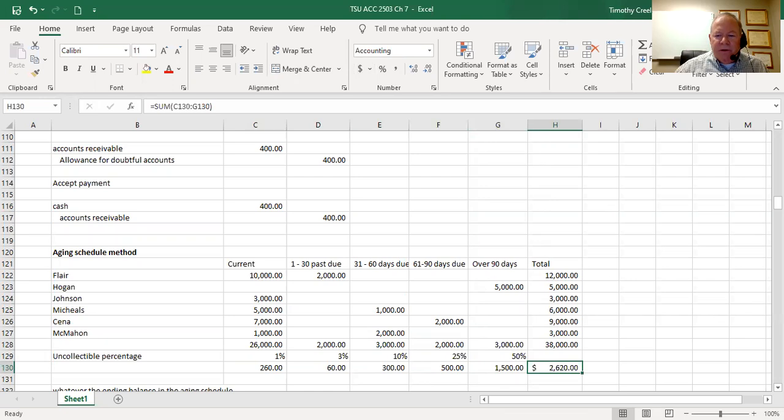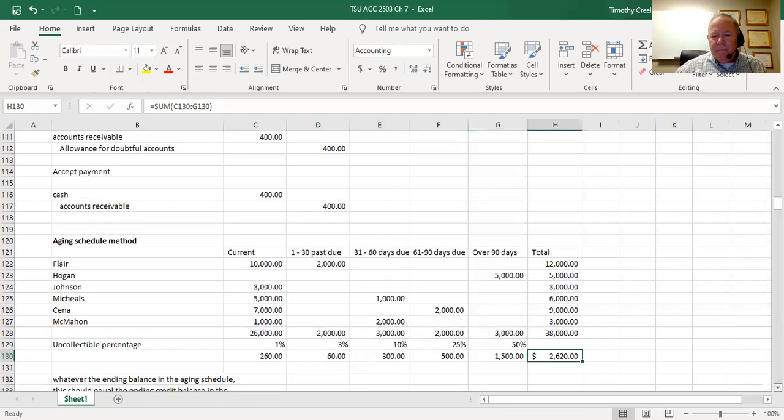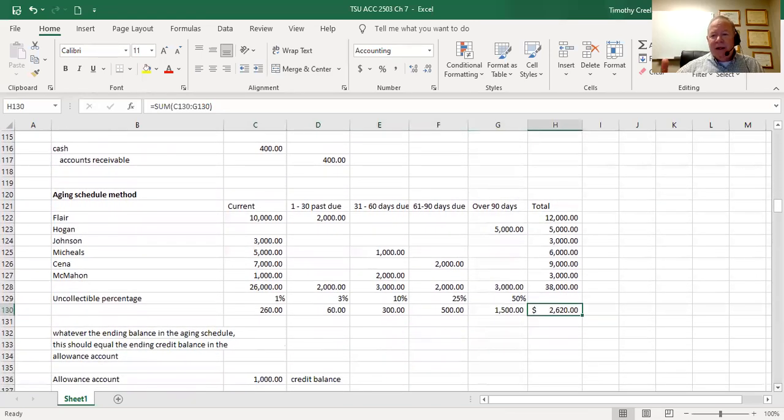So if we're doing the aging schedule method, then whatever the total of the aging schedule is, the total that we feel like we're not going to collect based on the aging schedule, in this case $2,620, that should be then the ending credit balance in the allowance account. In this case, the 2,620 should be the ending credit balance in the allowance account.